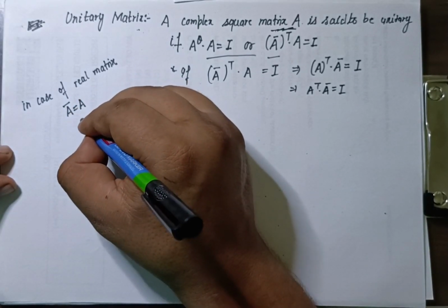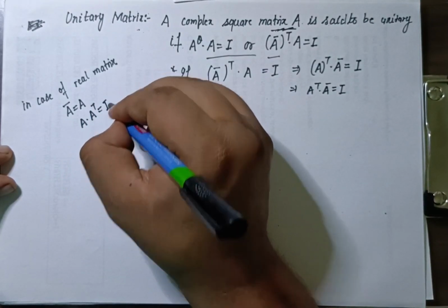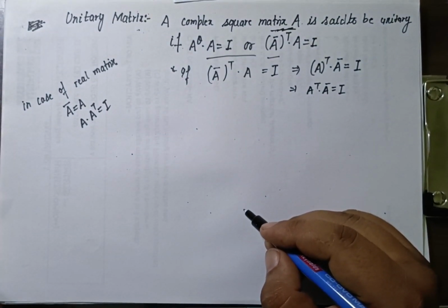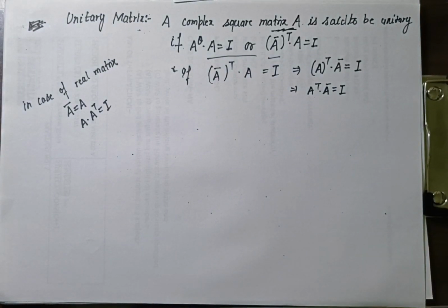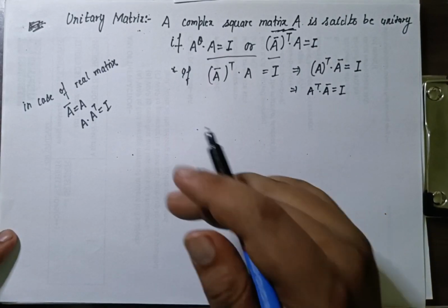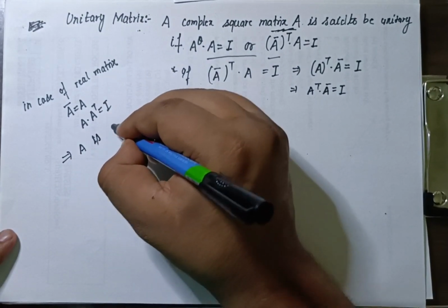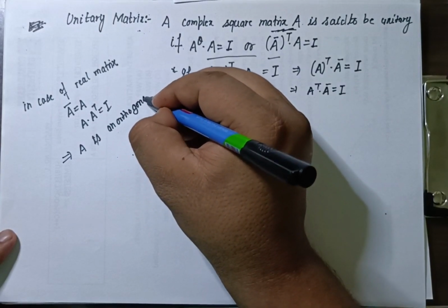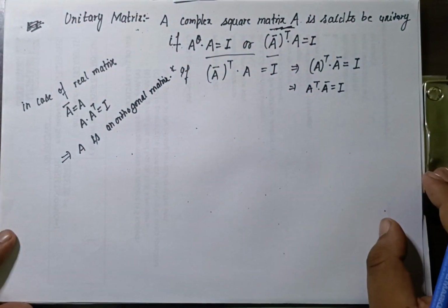And it will be A into A transpose equal to identity, which we have discussed just now. Then it is said to be an orthogonal matrix. If A is real, then A is an orthogonal matrix.